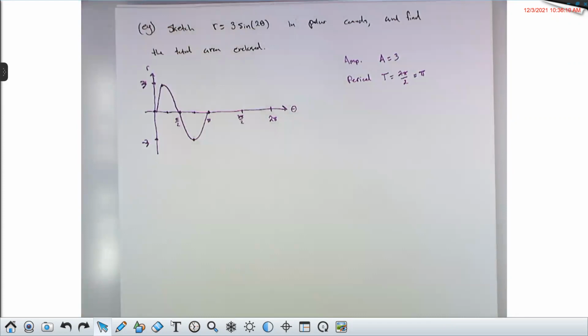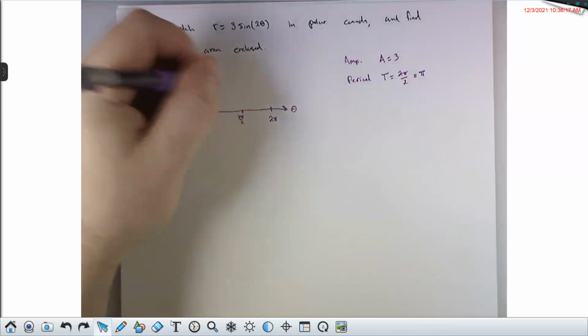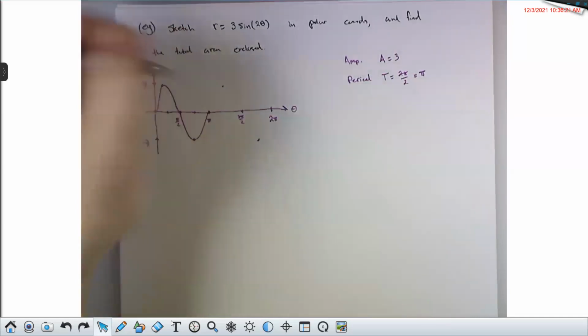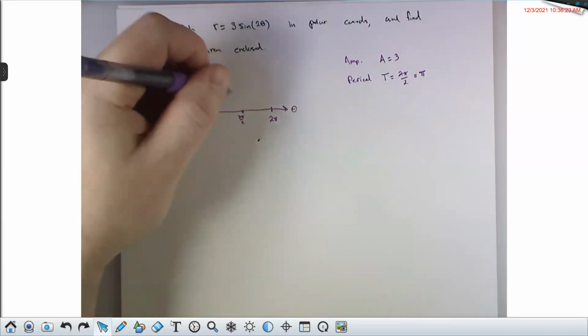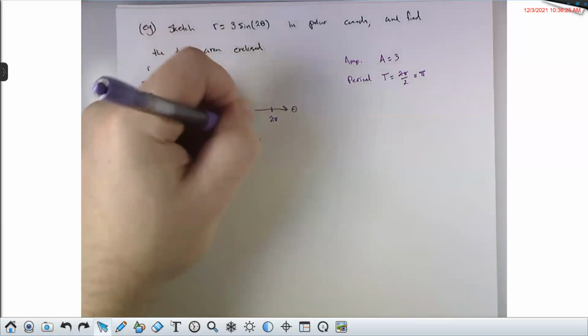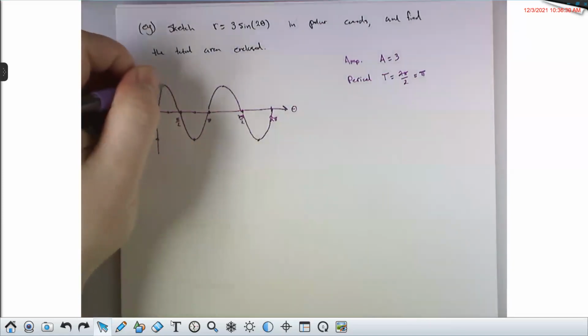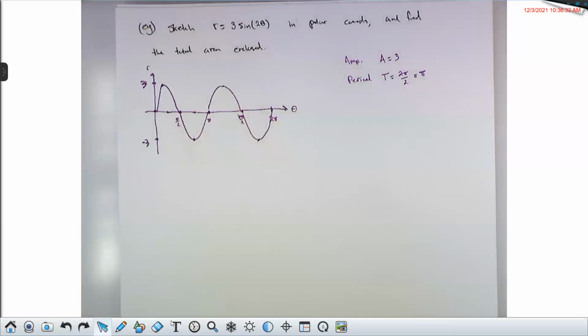And then we need to go through another full cycle as we go from 0 to 2 pi. Modulo my bad art, that's the game.